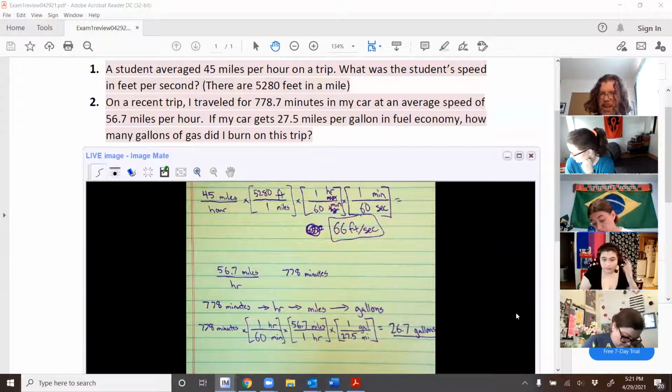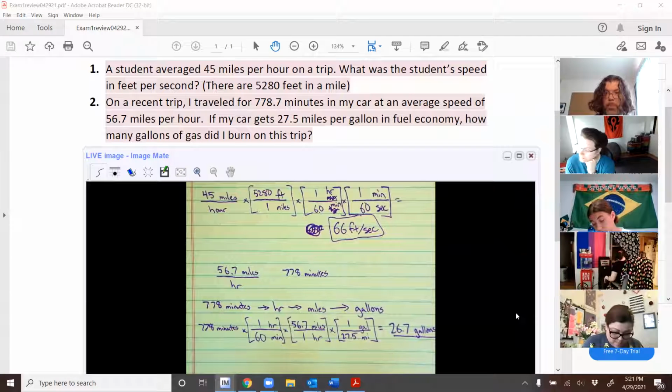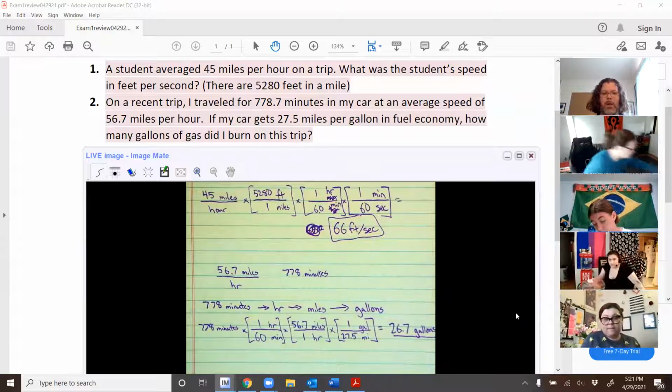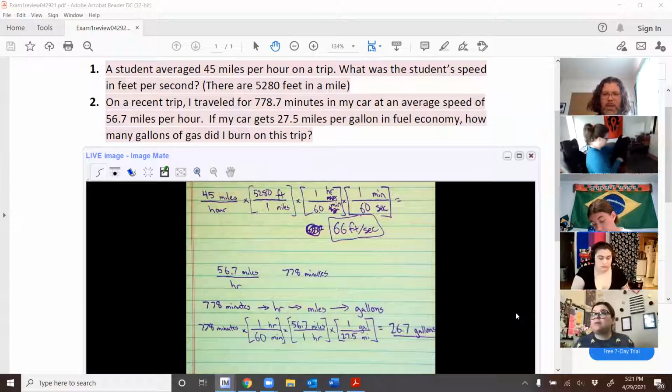I bet you never thought about density as being similar to speed, but in a way they are. They're both conversion factors that let us convert back and forth between two very different units based on what we know about a system. Pretty awesome.